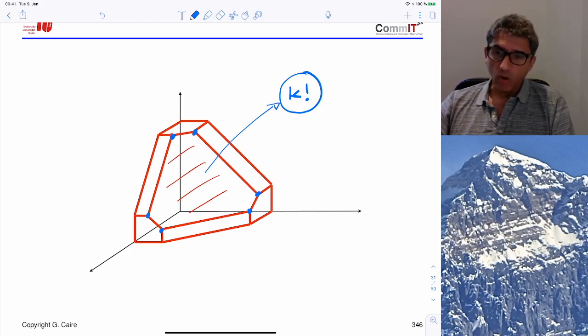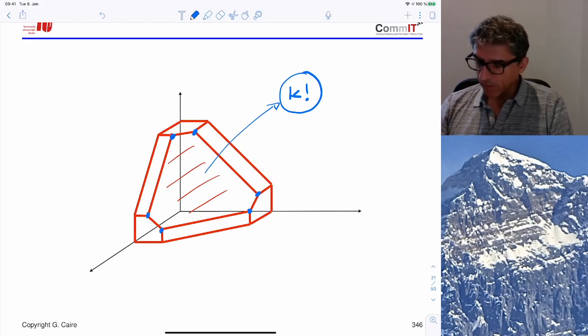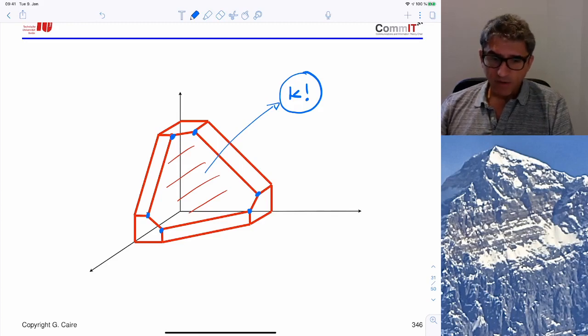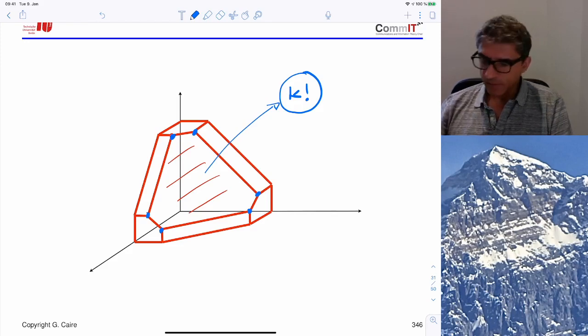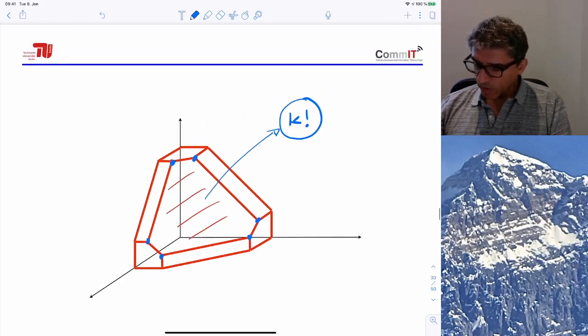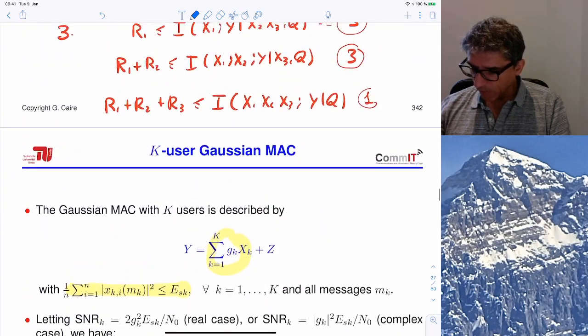For every order, so for every permutation of the users, we have a different successive interference cancellation rate tuple, and all of them correspond to vertices of the dominant face. So we have k factorial possible permutations, and we have k factorial vertices. In the case of 2 users, we have only 2 possible orders, 1, 2 and 2, 1, and then we have 2 vertices.